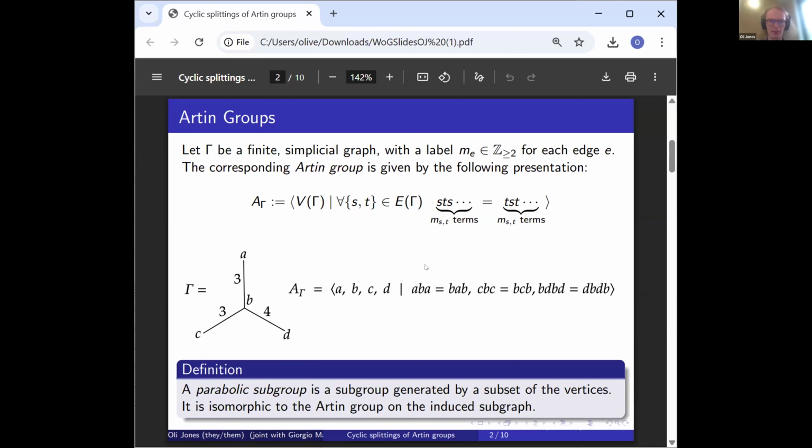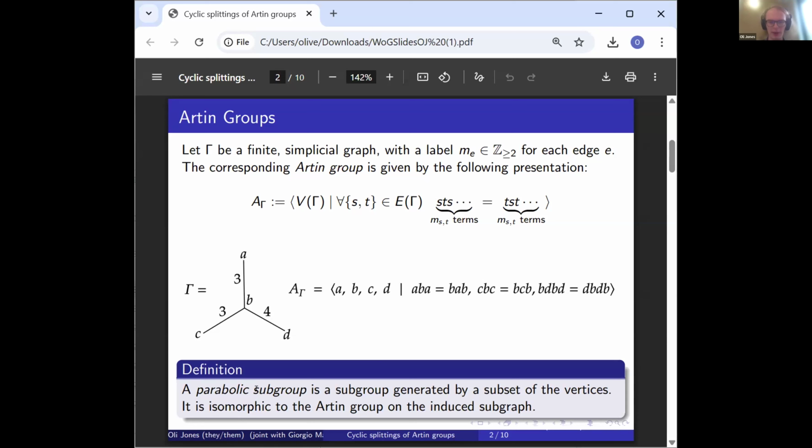So this class generalizes braid groups and right-angled Artin groups, which are just when you have all your labels being 2. But almost any question that you can ask in complete generality about Artin groups is hard. And today we're going to see results towards one of these hard problems, like a partial result.